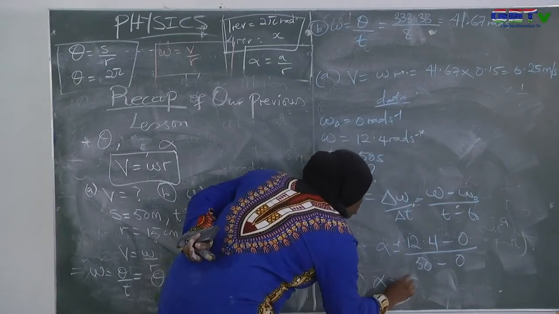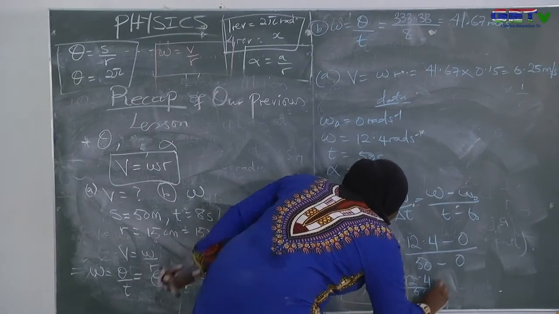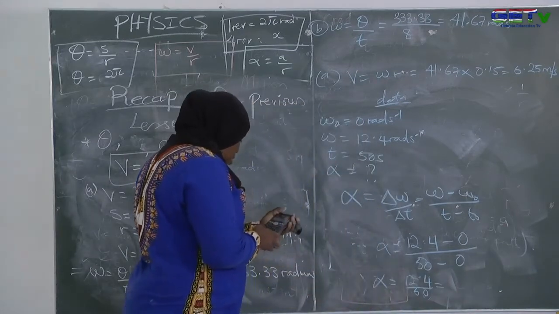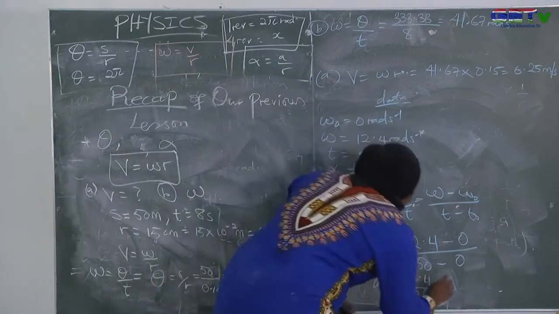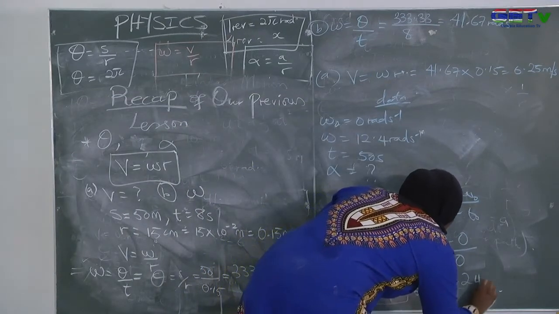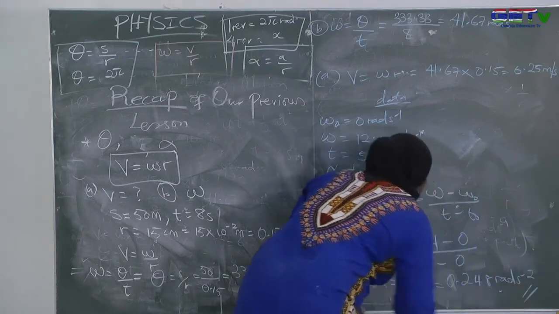So that gives us 12.4 divided by 50, and that should be 0.248 rads per second squared.